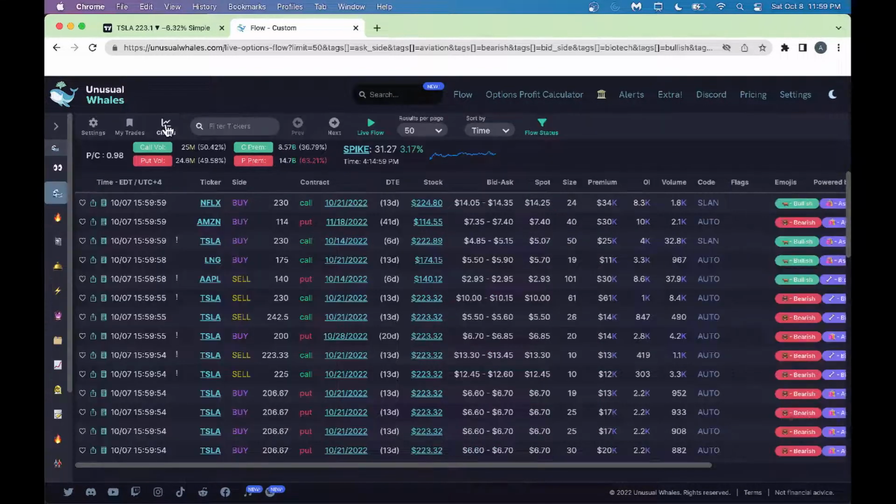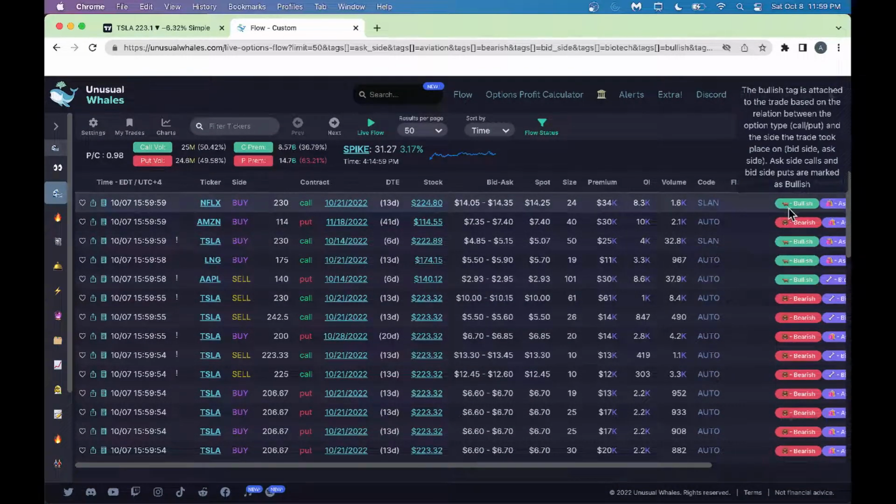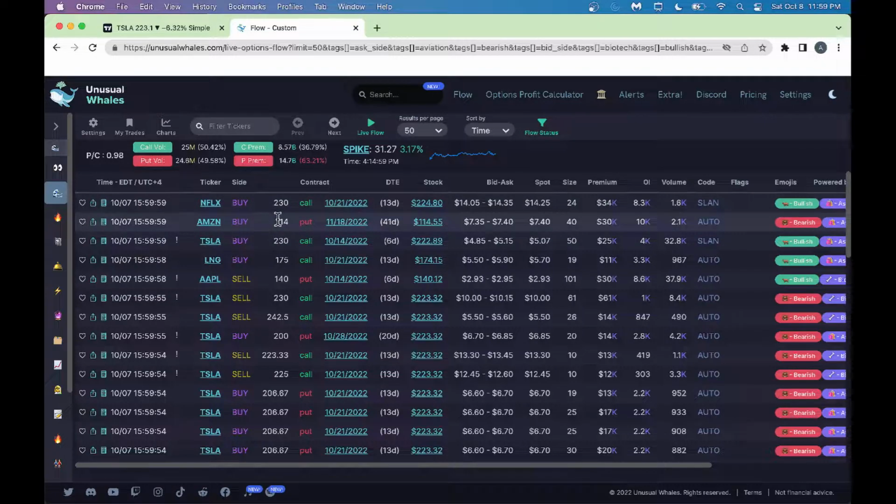So look, the moment I collapse this, you will see here we got bullish on Netflix, as you can see here. Let's go in here. Netflix, there is an activity that happened on 10/7 toward the end of the day. As you can see here, somebody is buying Netflix. It's a call option, 230 strike price, as you can see here. And look, the contract's expiration date is 10/21, 13 days out.